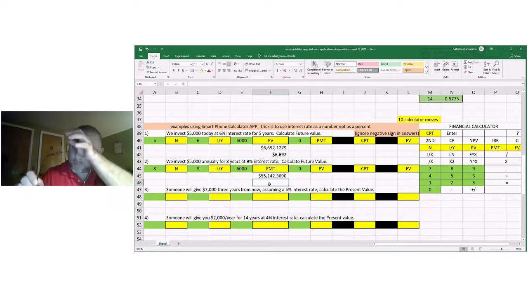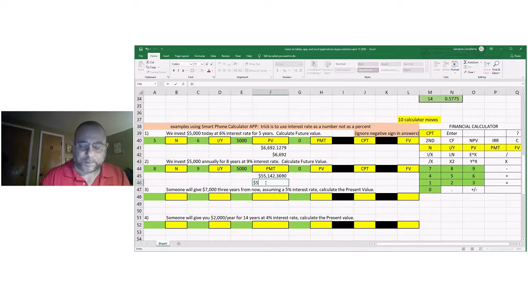Ignore the negative, like I said before. If you wanted to avoid the negative answer, instead of putting 5,000 as a positive, you would put 5,000 as a negative. But why go through all that hassle? Just ignore the negative sign and make it positive. So that's 55,142 as our final answer, rounding to the nearest dollar.